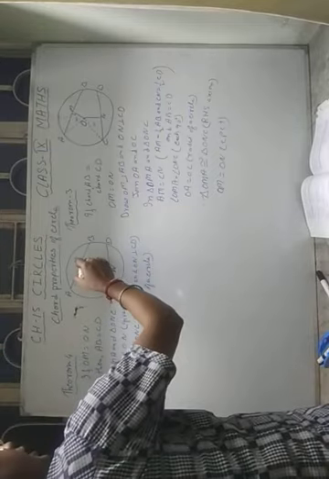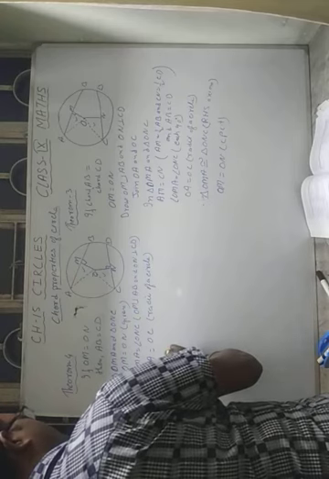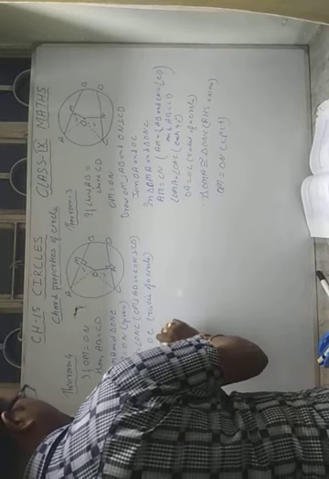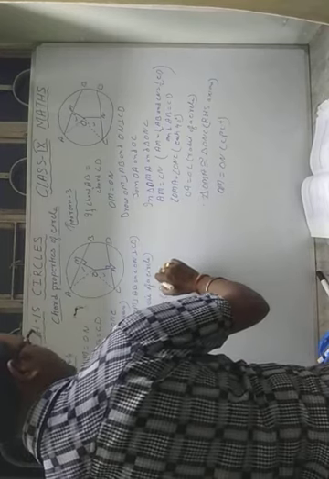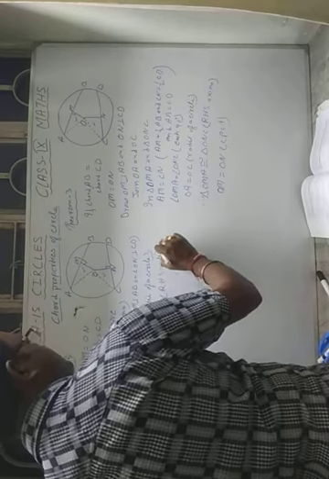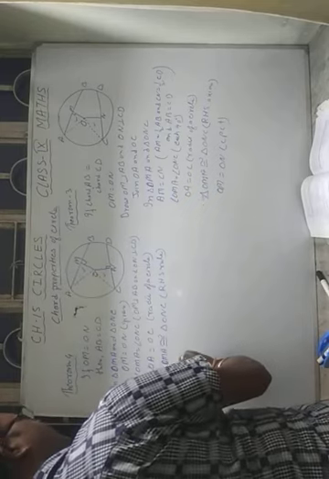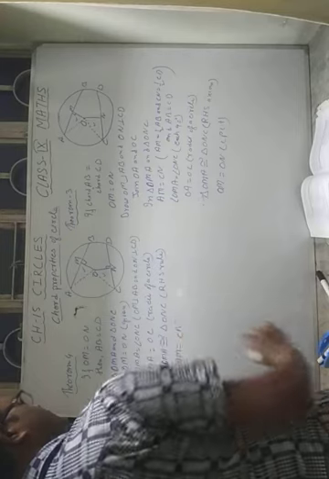So now by RHS these two triangles are congruent. Therefore triangle OMA is congruent to triangle ONC by RHS rule. This implies AM is equal to CN.